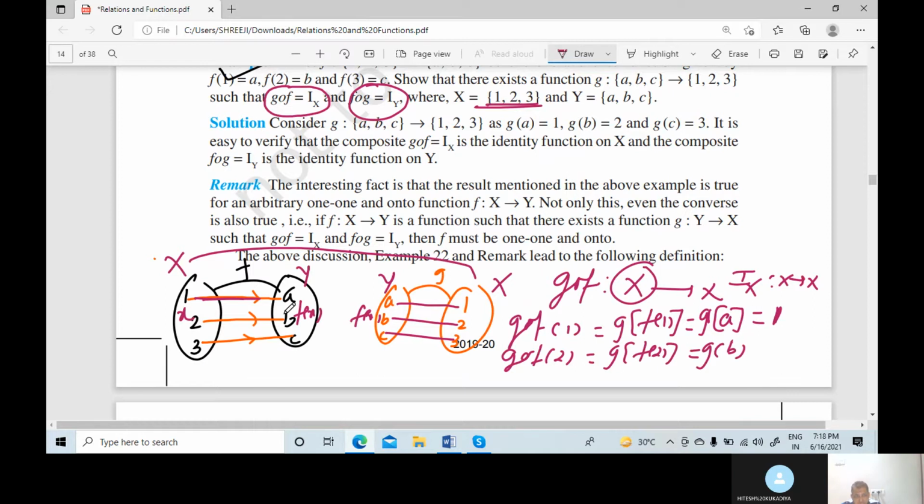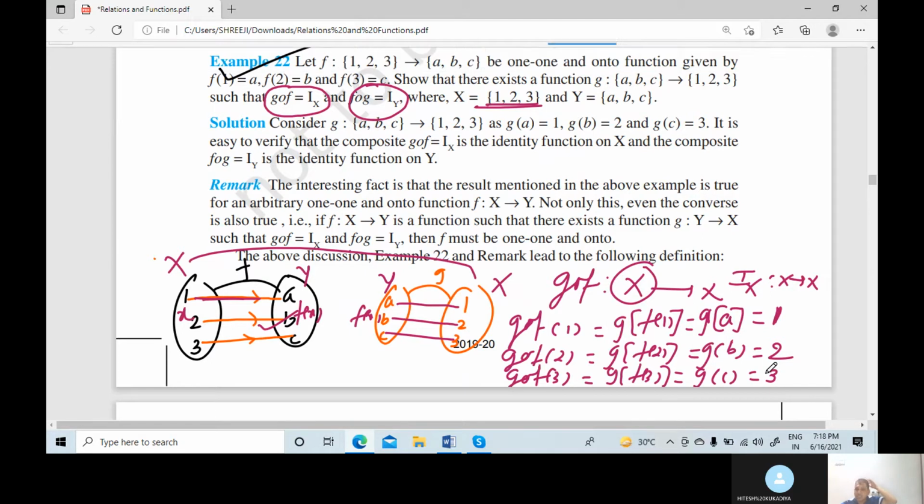F2 answer is B, given here. And GB answer is 2. Now G of F3. F3 answer is C and GC answer is again 3. Is that clear, student? So it is called the identity function IX from X to X.